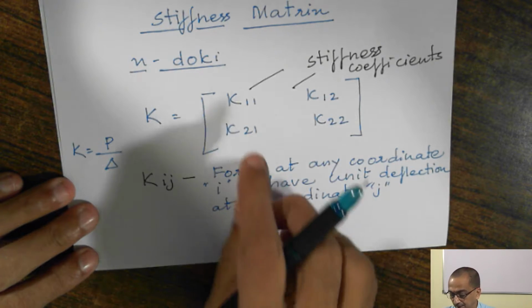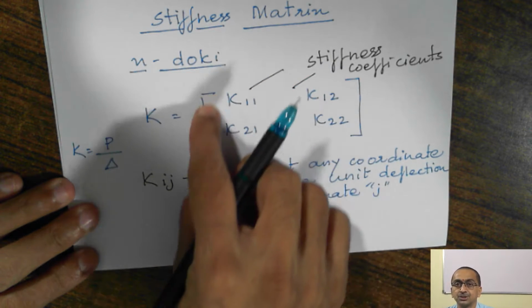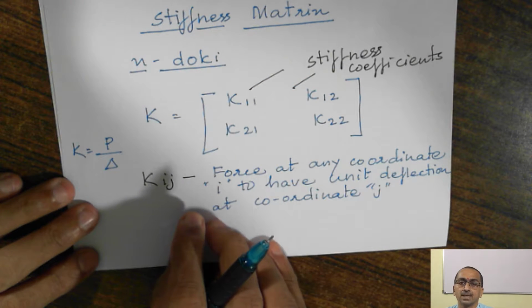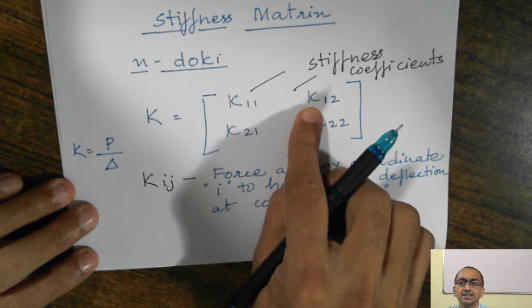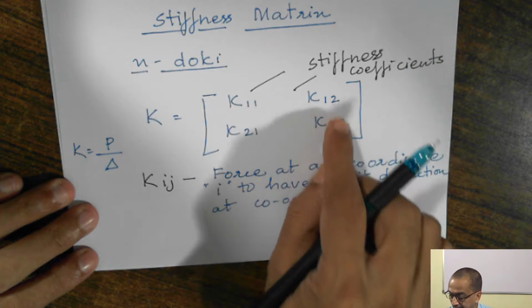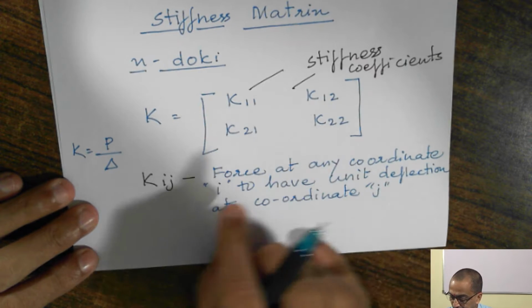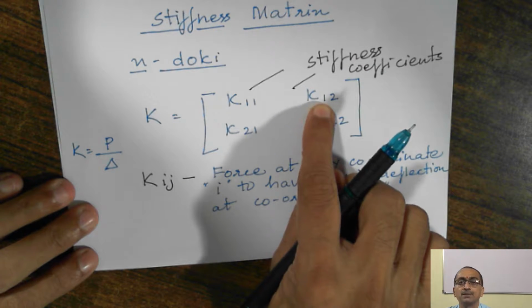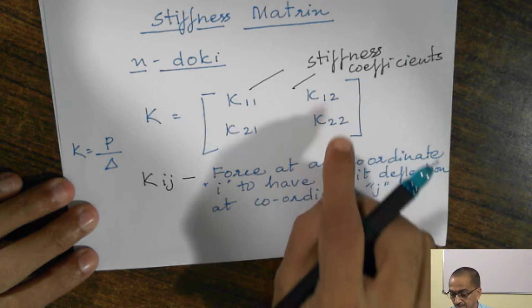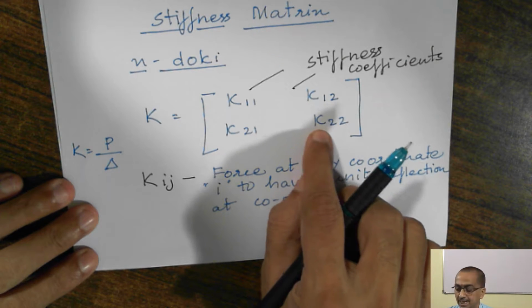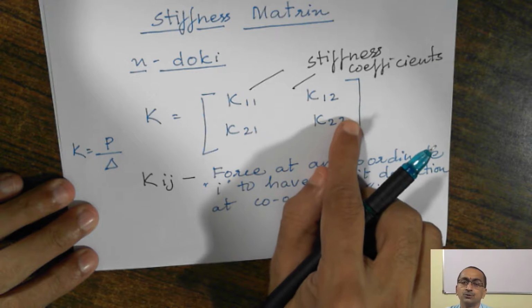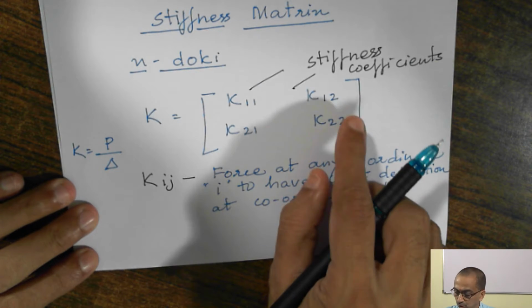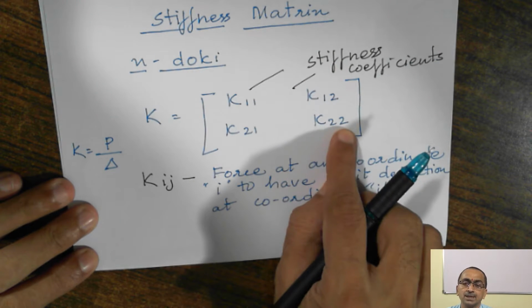This means if I want to generate the first column of the stiffness matrix, I must apply unit deflection at coordinate 1. Let us understand the second column of stiffness matrix, K12, K22. What is K12? Force at coordinate 1 to have unit deflection at coordinate 2. K22, force at coordinate 2 to have unit deflection at coordinate 2.